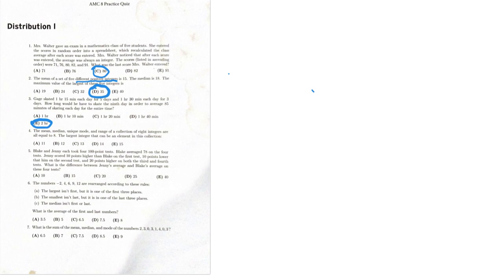They also told us the range is 8. The range equals the largest number minus the smallest number. So largest minus smallest, we try to use the easy one, 14 and 6.